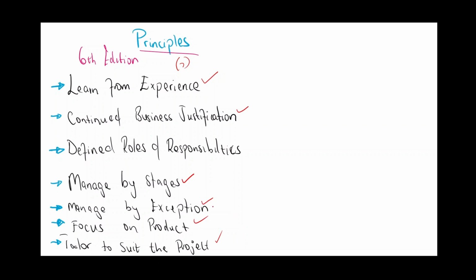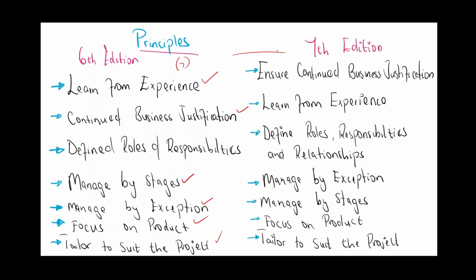Now, seventh edition, we come here. Seventh edition is talking about ensure continued business justification, learn from experience, still intact. Now, the other thing to look at is this principle: define roles, responsibility, and relationships. Remember the additional element is the people.